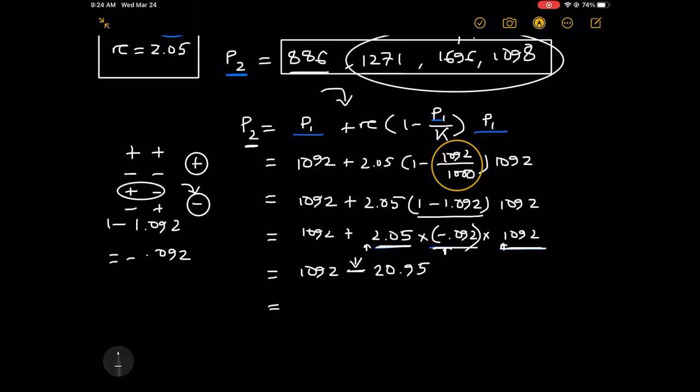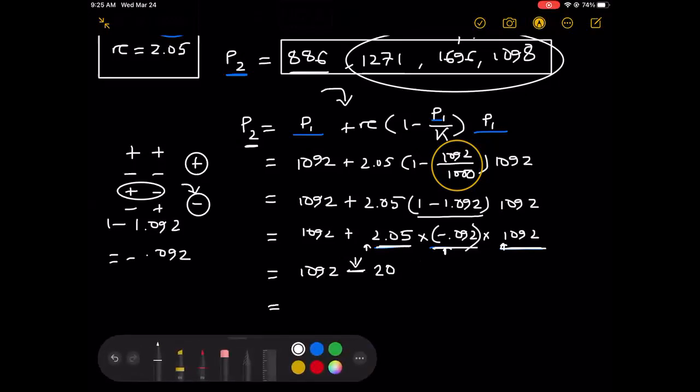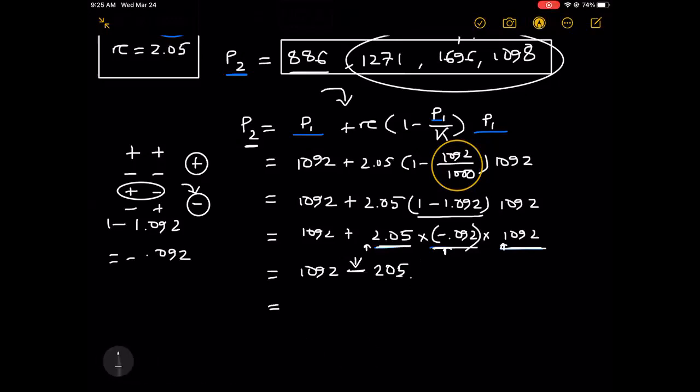Let me cross check this. 2.05 times 0.092 times 1092. I guess it should be 205.95. Did you actually say that? Maybe I didn't hear it right.